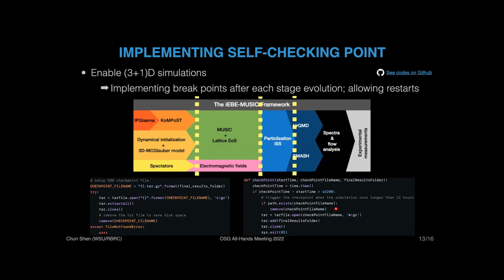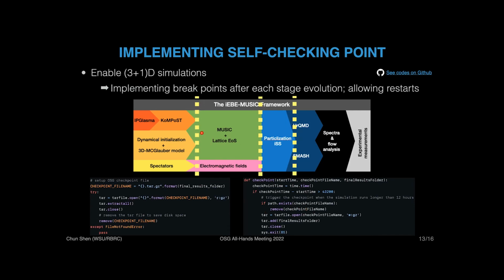Now let me talk in a little more detail about the self-checkpointing in our case. Because our code is a multi-stage approach, it is natural to set up breaking points at the end of every stage of the simulation, indicated by this yellow dash line here. In our Python script, which is a driver for the whole simulation flow, we first set up the checkpoint to store all the output of the simulation up to a certain stage into checkpoint files.